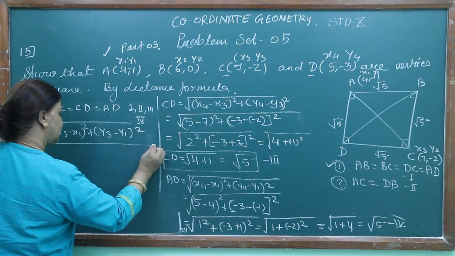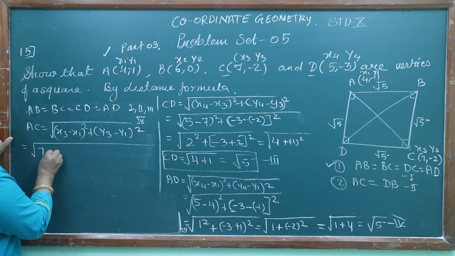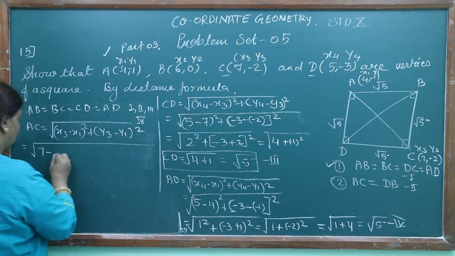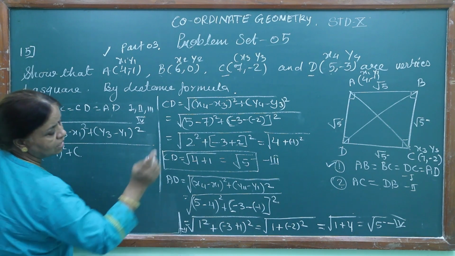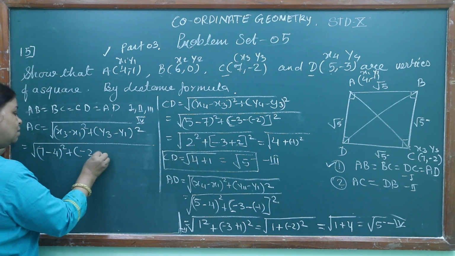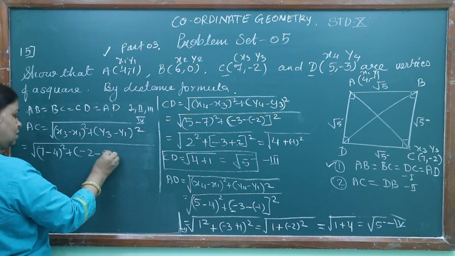So what do we get? What is x3? 7. 7 minus x1, 4, the whole square, plus what is y3? y3 is minus 2 minus y1. What is y1? Minus 1.